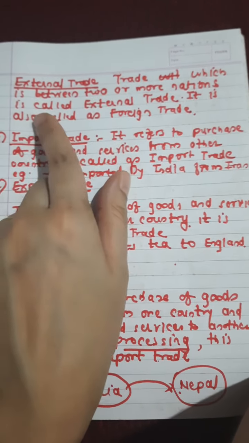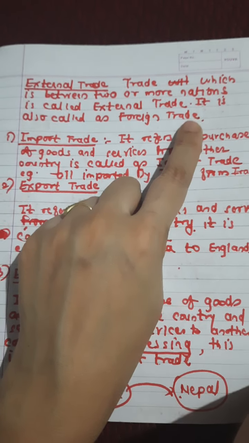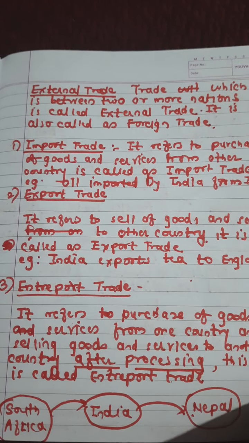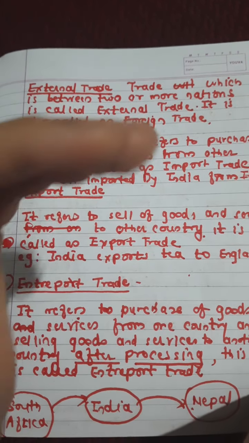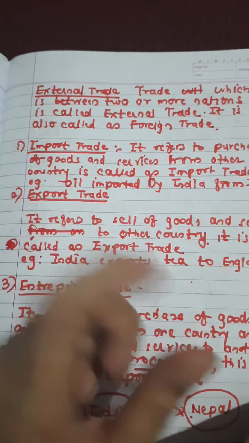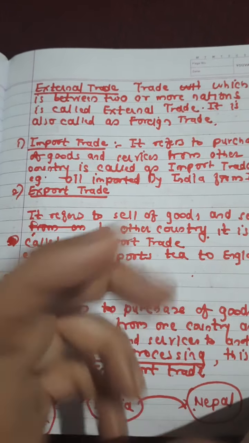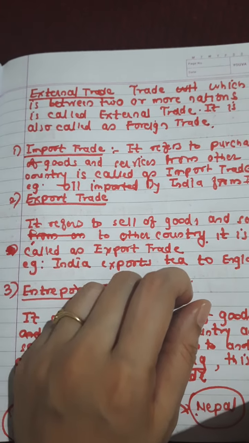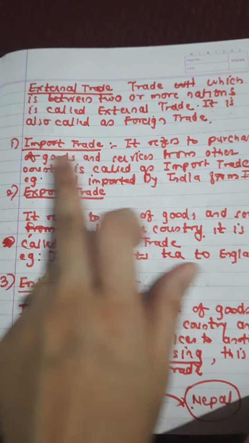Now second part, external trade. The trade which is between two or more nations is called external trade. Here the currencies are different, countries are different, of course the boundaries are also different. It is called foreign trade.